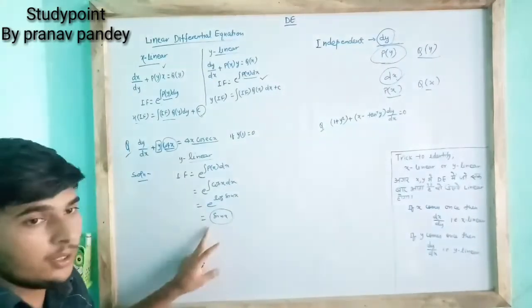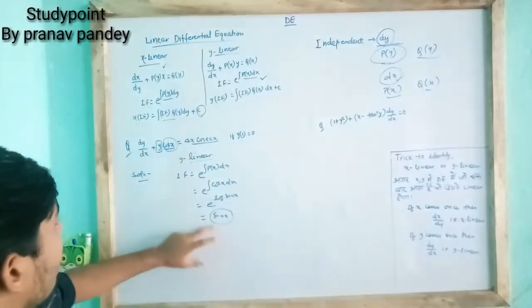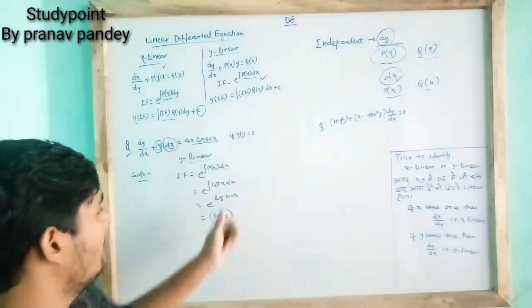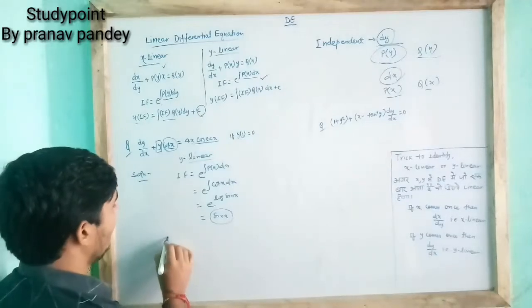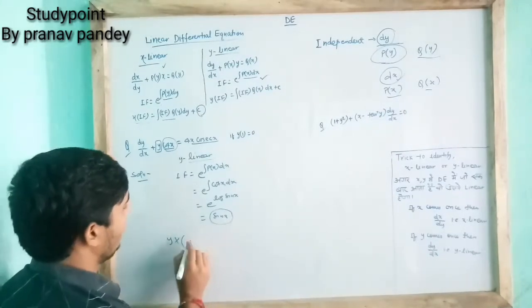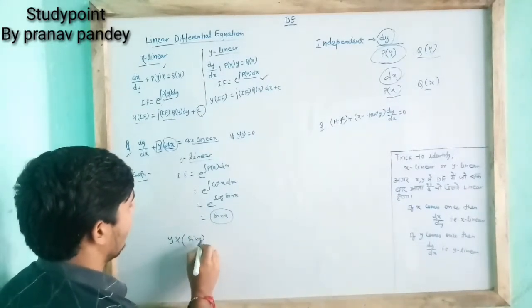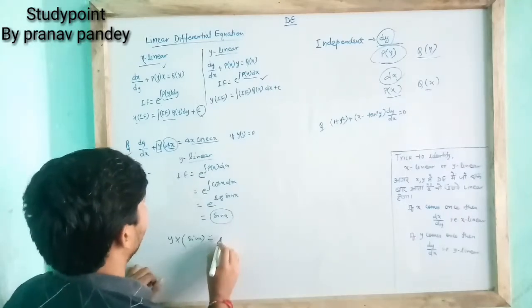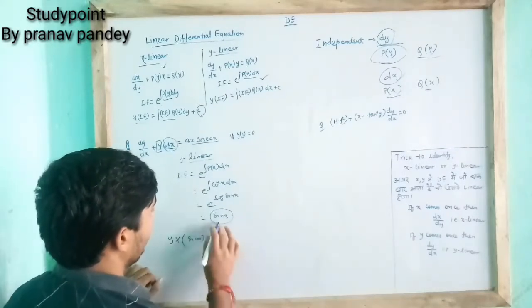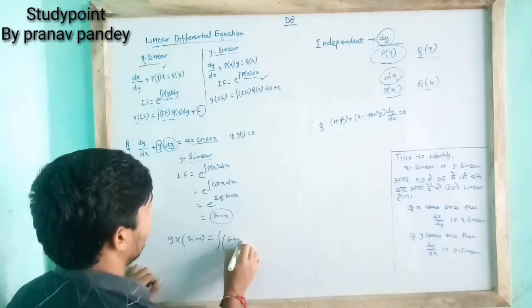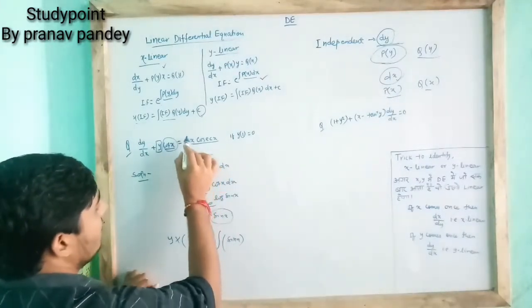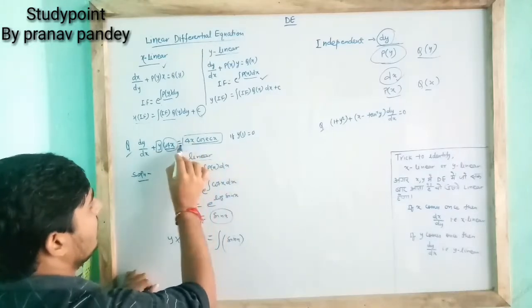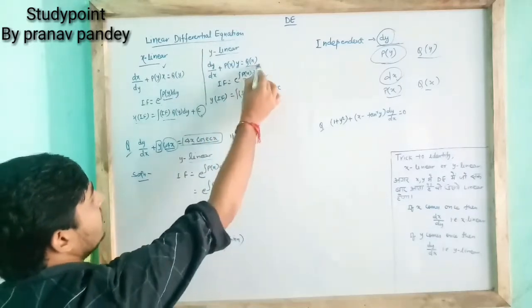Now we will use the formula after taking out integrating factor. Here the formula is y into integrating factor, it is sin x, is equal to integral of integrating factor, means sin x, into q of x. What is here? Q of x. So here the whole function is q of x, you can see here.